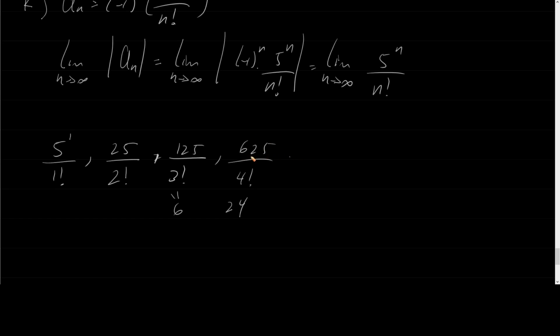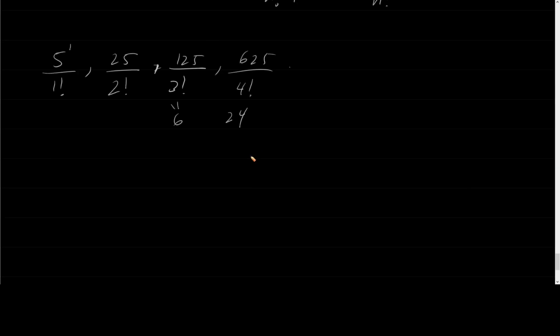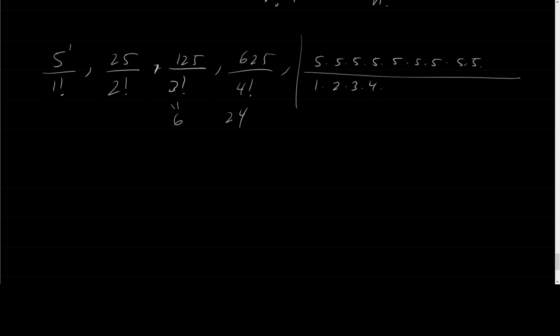Then, well, hold on. Let's look at this. I'm running out of space. I'm taking more space than I expected. But let's think about this. If I start just multiplying a whole bunch of 5s, right? 5 times 5 times 5 times 5 times 5 times 5 times 5, so on and so forth forever. Versus on the bottom, I'm multiplying factorial. So 1 times 2 times 3 times 4 times 5 times 6 times 7 times 8 times 9 times 10.